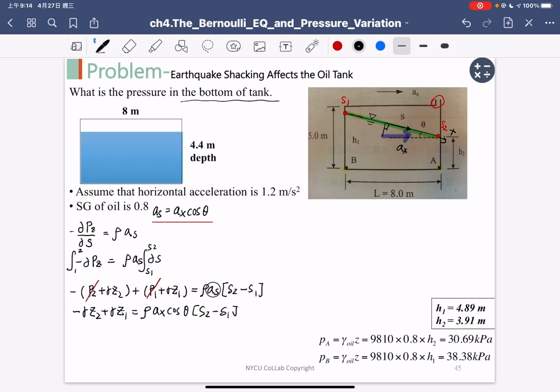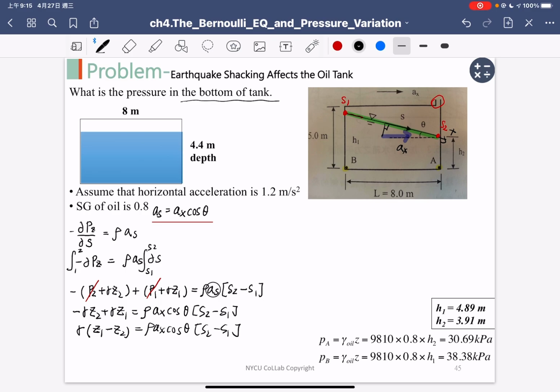We can take the gamma, and this will equal Z1 minus Z2, equal to the rho AX cosine theta, streamline point 2 minus streamline point 1.